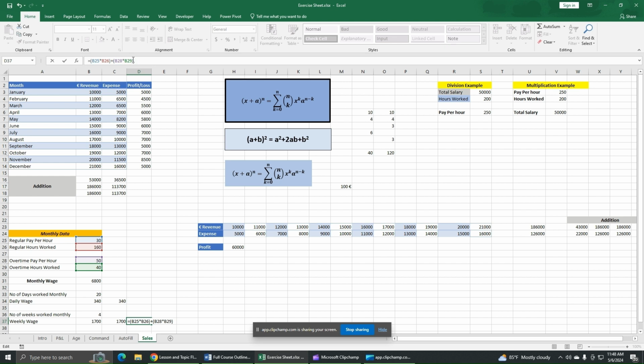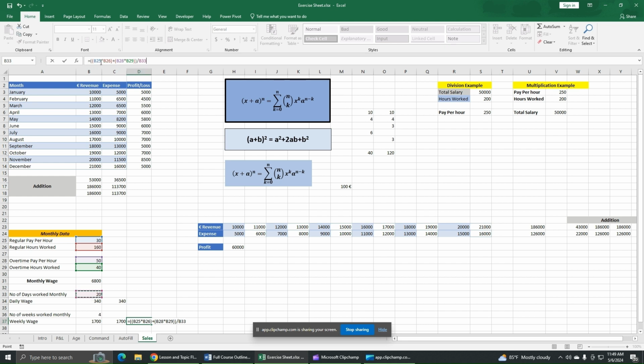Now I am giving a bracket to this whole data to separate the monthly wage, then divided by number of days worked. From this formula we will get the daily wage, and we know that there are 5 days in a week.